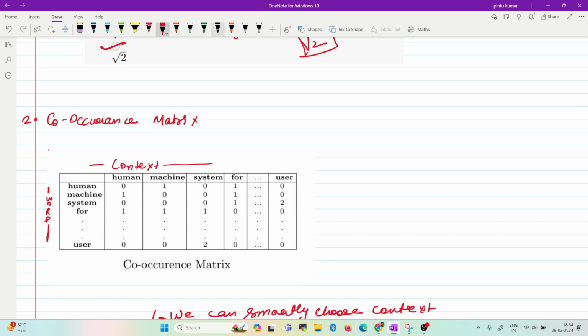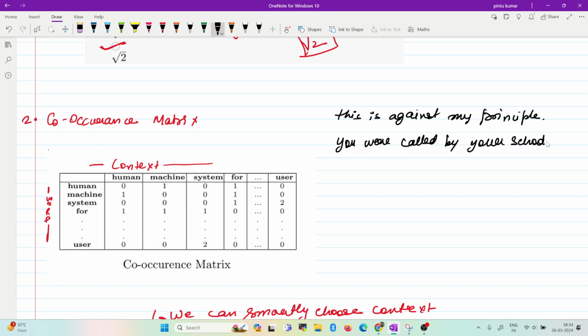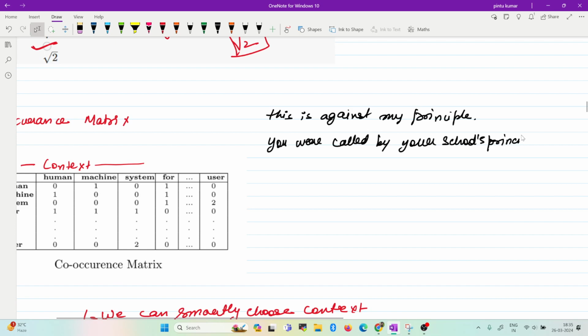Let's say we have these two sentences. You write something like, this is against my principle, and you say that you were called by your school's principle.